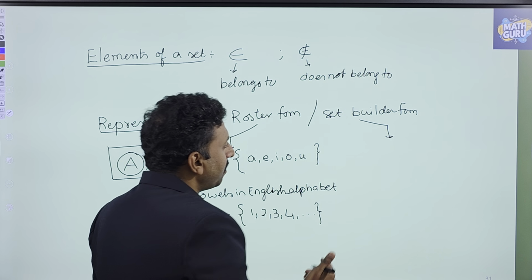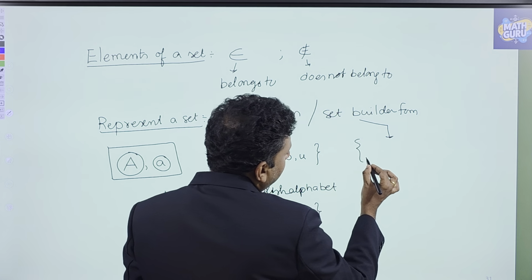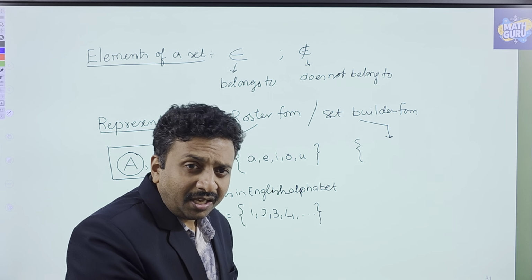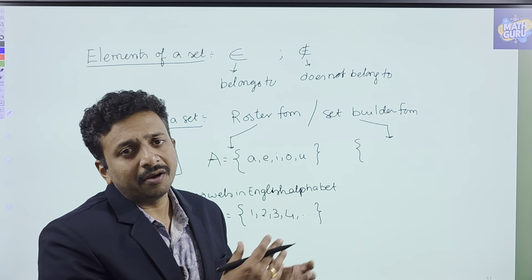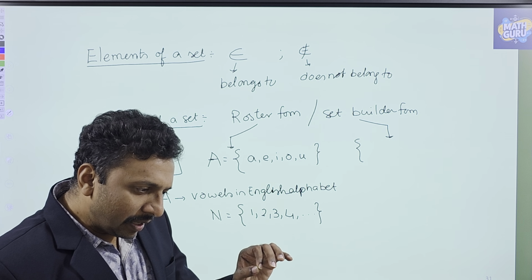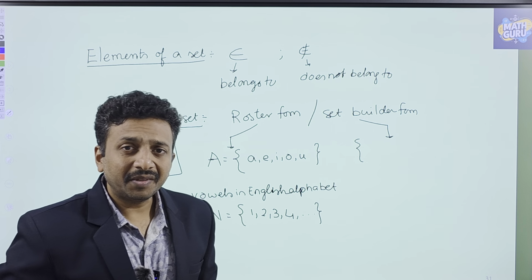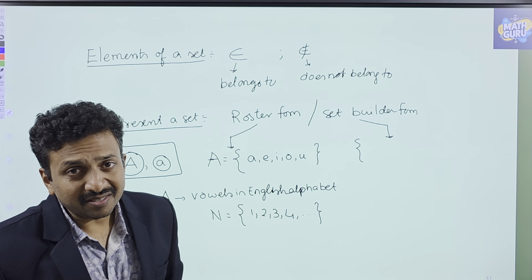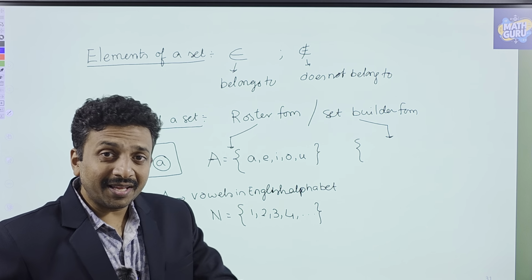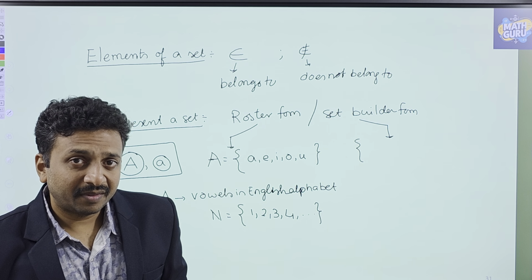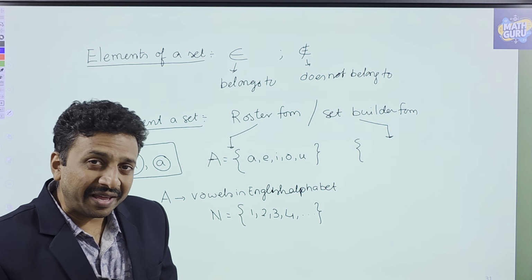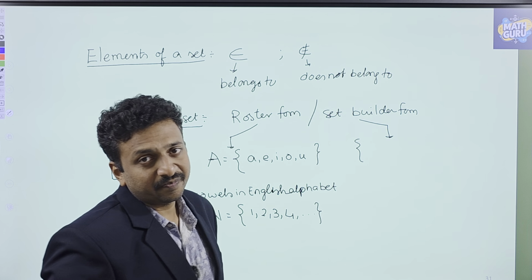In set builder form, what you do is you specify the property of the elements that belong to the set. You have to write that property which each and every element in this set satisfies, and no other element outside the set satisfies. You have to write a property which very clearly defines the elements of this set.